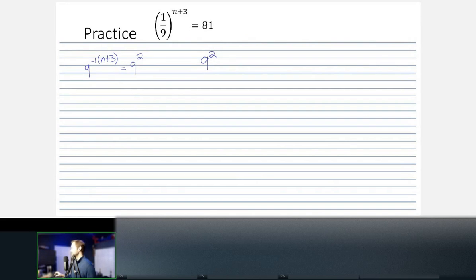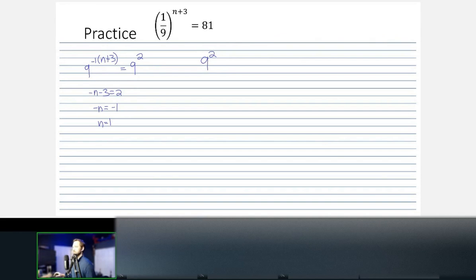Yeah. All right. Everyone solve for n very quickly. I'm going to do the same thing. Bases are the same, so we set the exponents equal to each other. That look right to you? Is n equal 1? No, that can't be right.